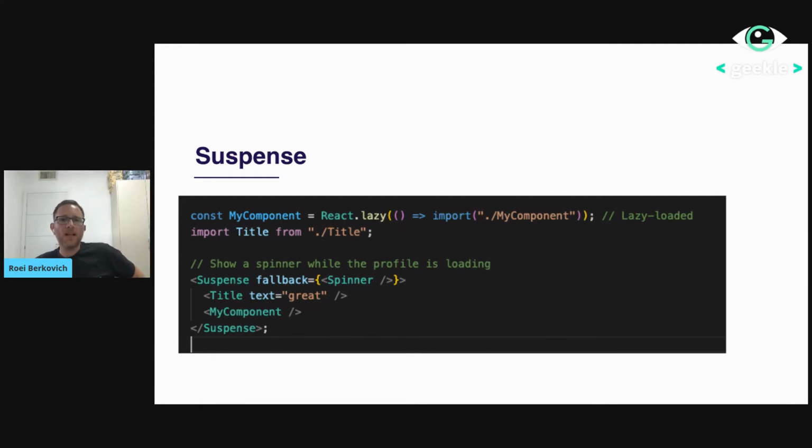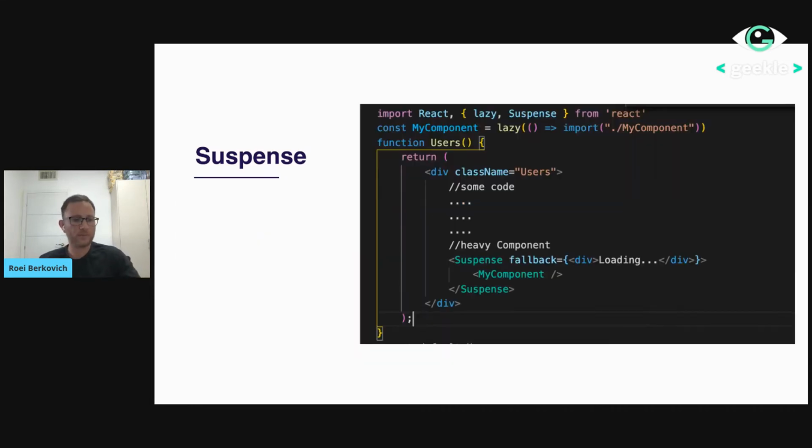Suspense accepts at least one component that is lazy, but we can add any valid JSX in addition to the lazy component, and we will see the fallback UI until it's finished loading. Okay, we can group some components and we will show the loader until it's finished loading.